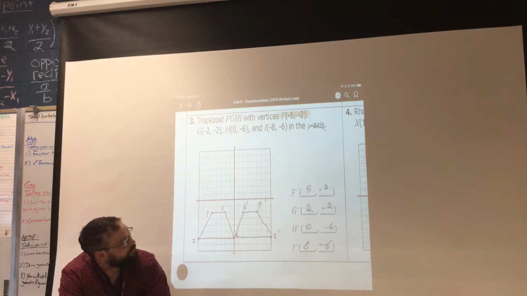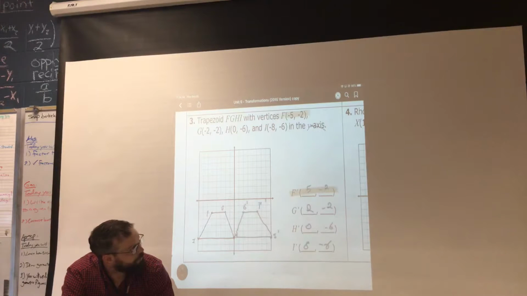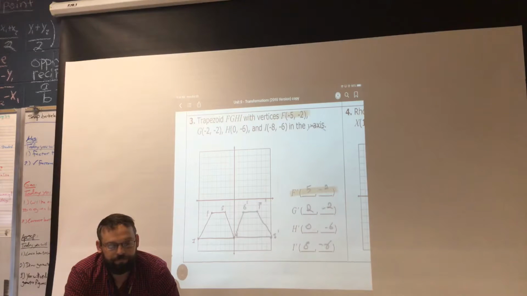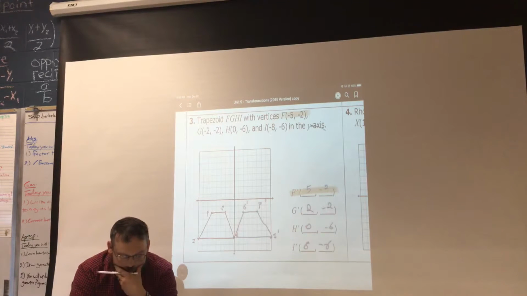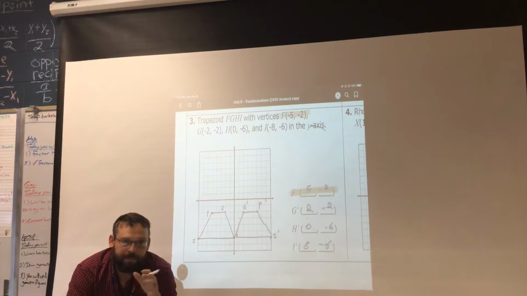So F, look at its points and look at the pre-image and the image points. What do you notice different about it? I hope that you pick up on this. The y value happened to be the same, right? But the x value was different. The sign changed, right?